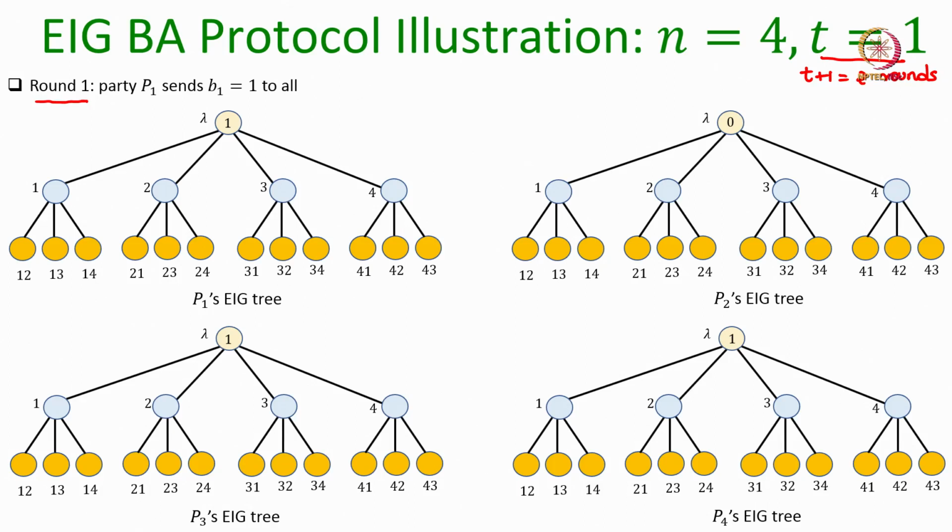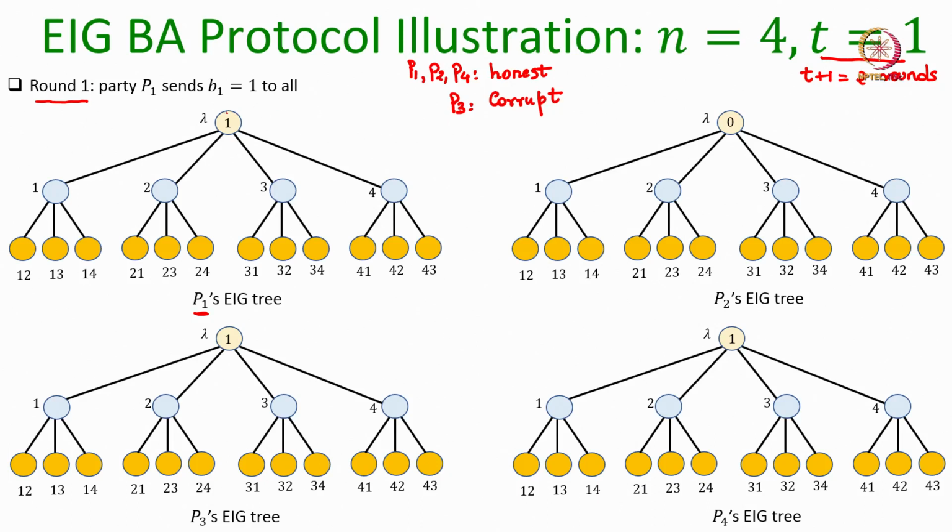So, in round 1, since P1 is honest, remember we are taking the case when P1, P2 and P4 are honest, they will follow the EIG protocol instructions, and P3 is corrupt, and we have absolutely no control over how P3 is going to behave during the EIG protocol's execution. So, during round 1, what is P1 supposed to do?